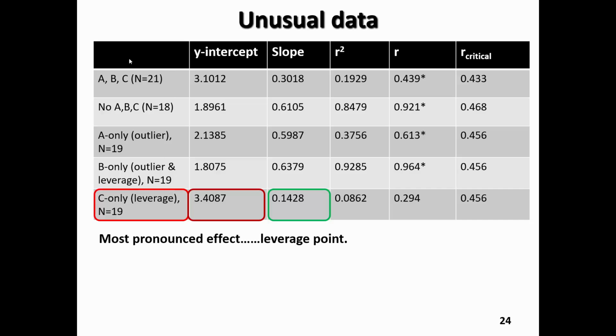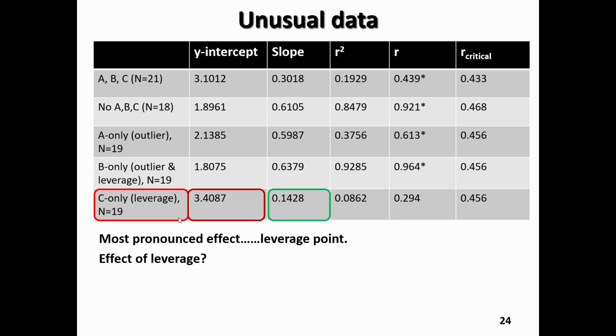Whenever you're examining correlation and regression data, always make note of your sample size. If we had all of the data included, we had a total sample size of 21, but if you're not including data, you can see how these sample sizes are different.